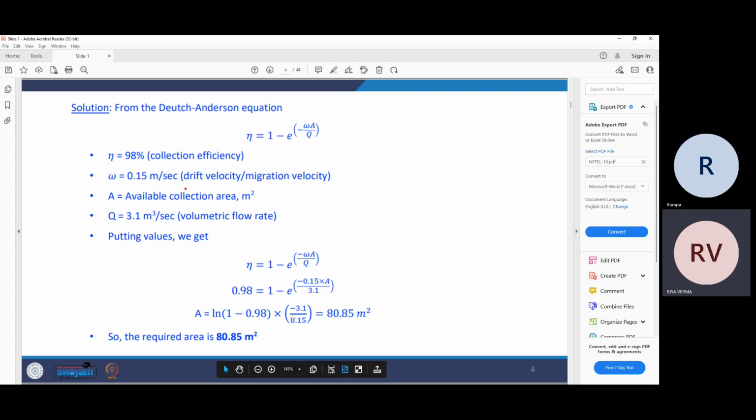Now what we'll do is shift this value from the right hand side to the left hand side. So we'll have e raised to the power minus 0.15 into A by 3.1 equals 1 minus 0.98. That is one way of solving this question.